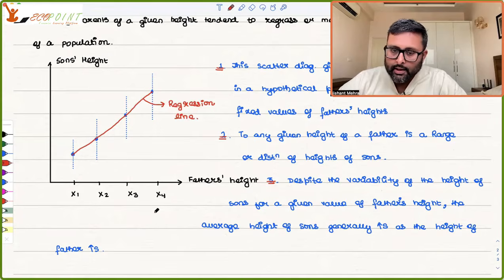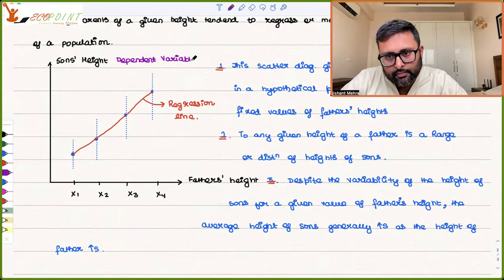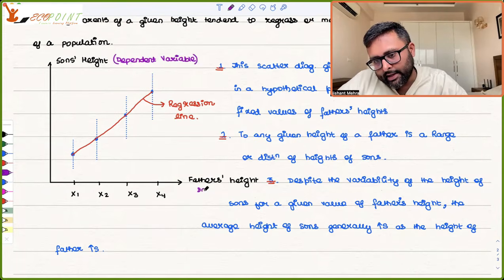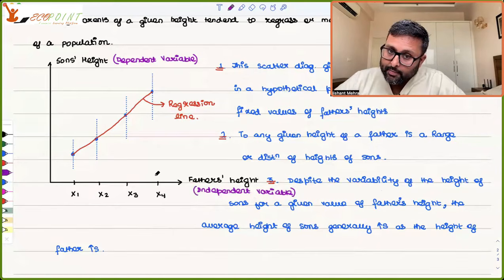Don't you think this becomes the dependent variable, right? And this becomes the independent variable. No? This becomes the dependent variable and this becomes the independent variable.